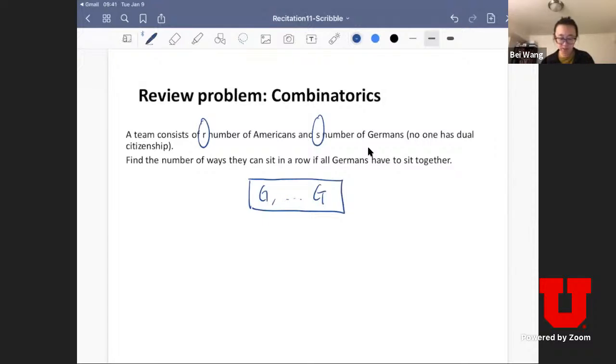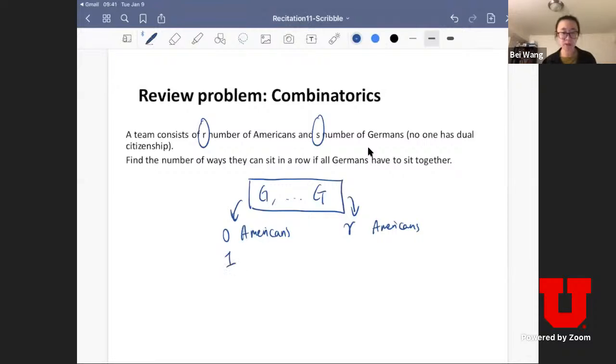Maybe there are 0 Americans to the left of it, or 1 or 2, and the remainder are on the right. To the left of the German students, we can have 0 Americans, and on the right-hand side, maybe there are r Americans.